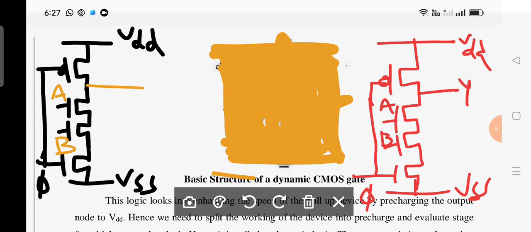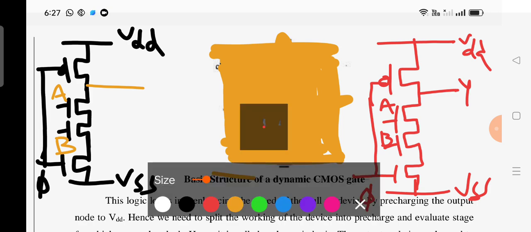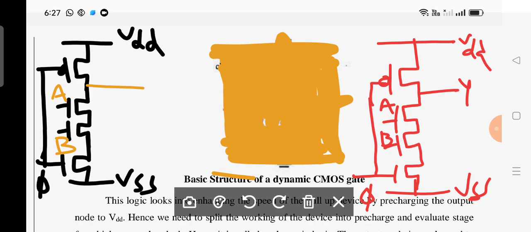Is it clear? Now here what is happening, observe very carefully. The output of this I am connecting to the inputs. Let us consider if pi is equal to 0, we do not have any problem.